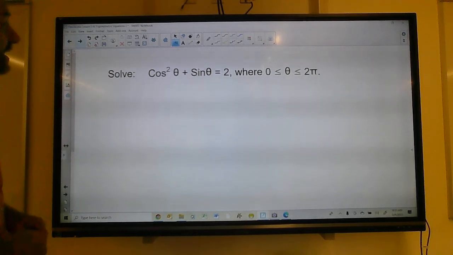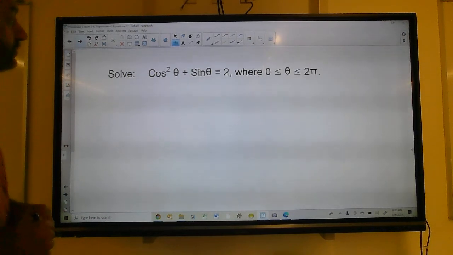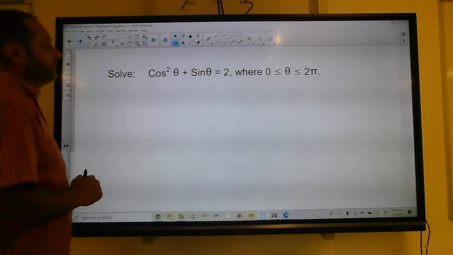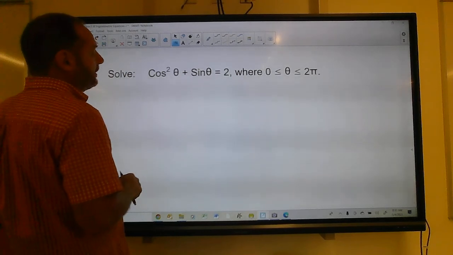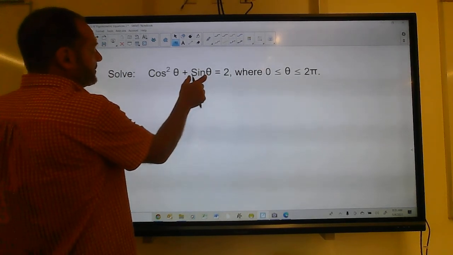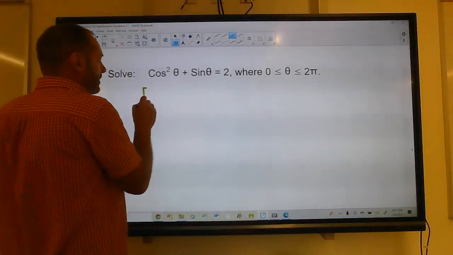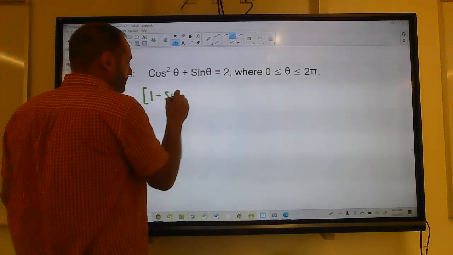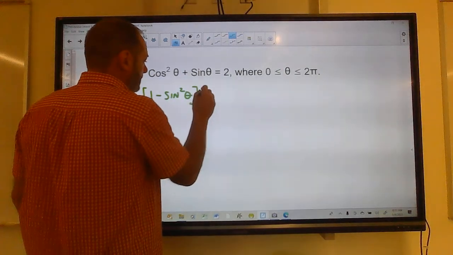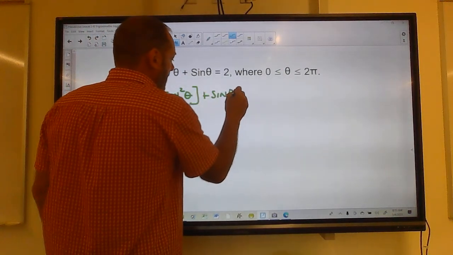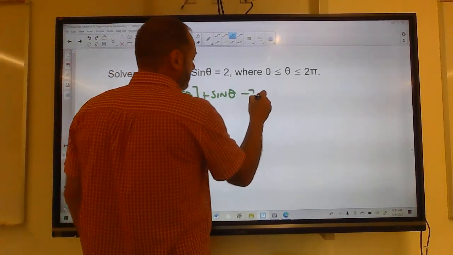Okay, cosine squared plus sine equals 2. So I can't really convert this to cosines, but I can convert this to sines. So let's change this to 1 minus sine squared plus sine. And then we'll move the 2 over here, so we're going to subtract 2.